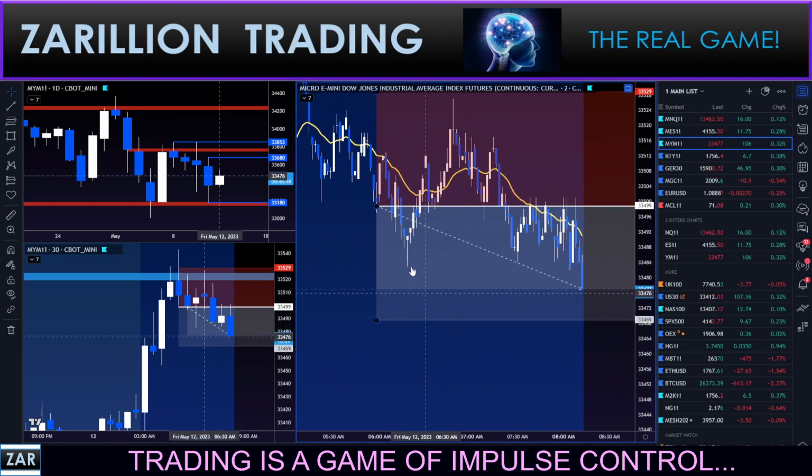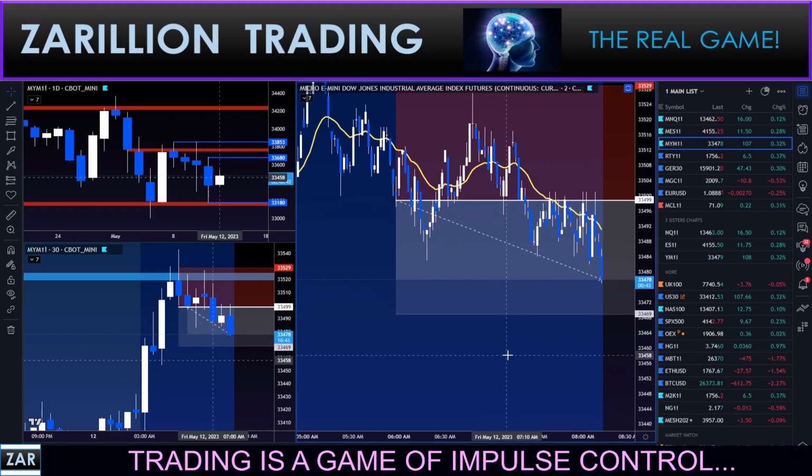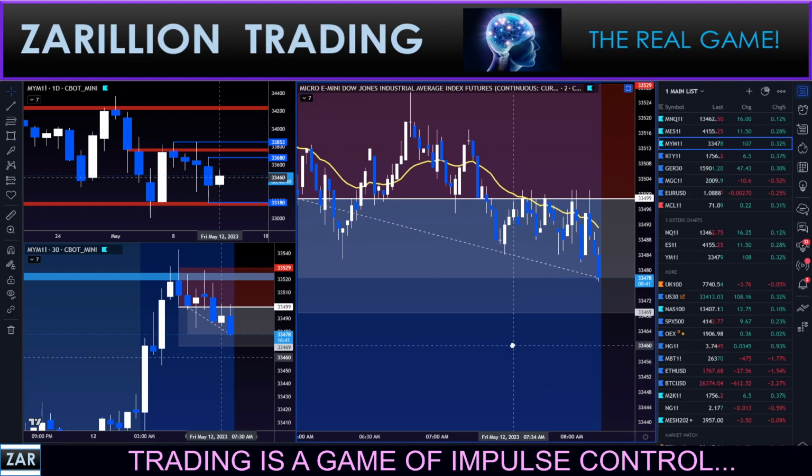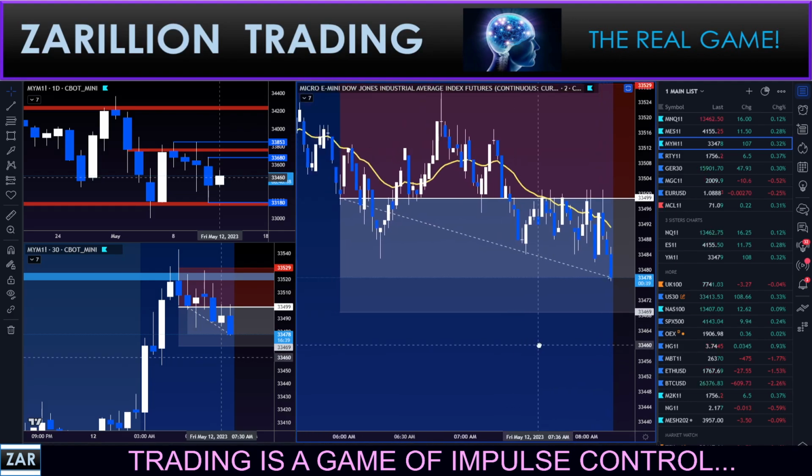This is over a 2-hour trade now, entered at around 6 a.m. It is now 8:12, so 2.25 hours almost. And it looks like we might be able to get to the 2.25 mark at the very least.